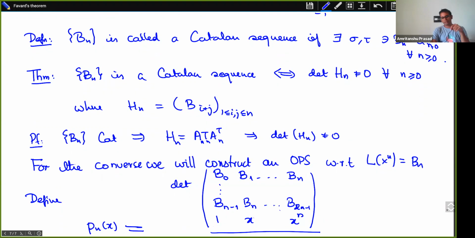No, but why should Hn admit a factorization? That's right. The theorem is: suppose that the determinant Hn is non-zero for all n, and that's all we know right now. But then you have shown that there is, we have shown that there is an orthogonal polynomial sequence with moments given by determinant Hn by determinant Hn minus 1.